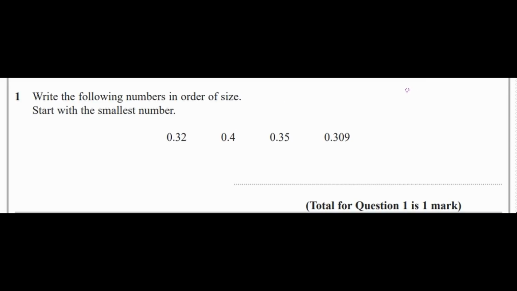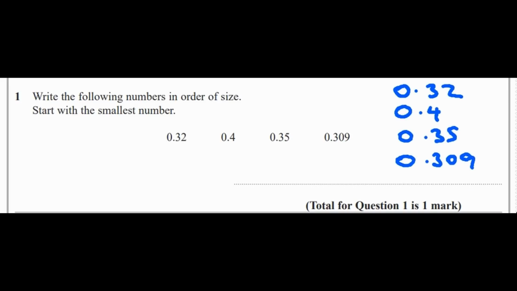I always recommend that if you're going to do this and you're not sure of the answer, then write them in a column. So we have 0.32, 0.4, 0.35 and 0.309. Let's have a look at this then.